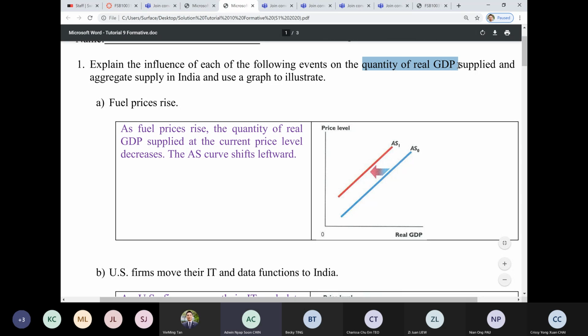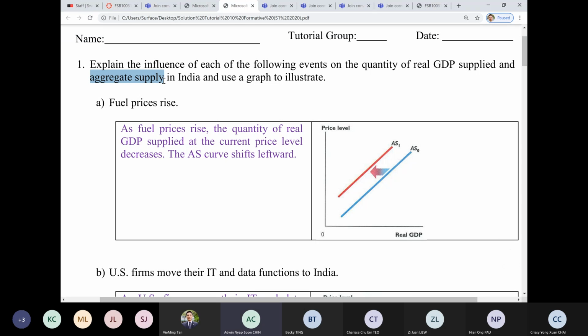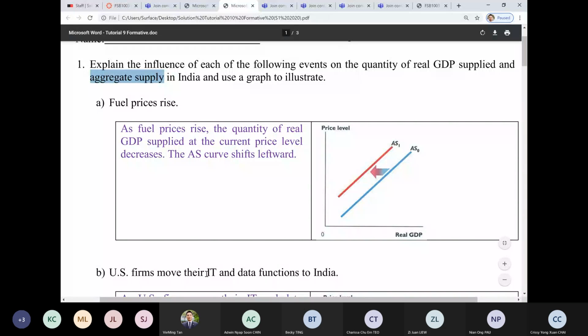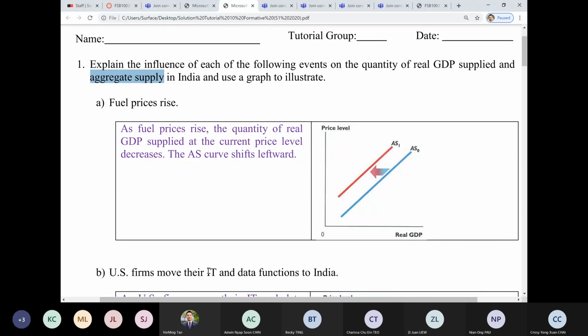I think aggregate supply. Yes, correct. Aggregate supply. Why is it aggregate supply but not the quantity of real GDP supply? Because IT and data function are resources, right? Not the price level of the product, but it's resources, more resources now.